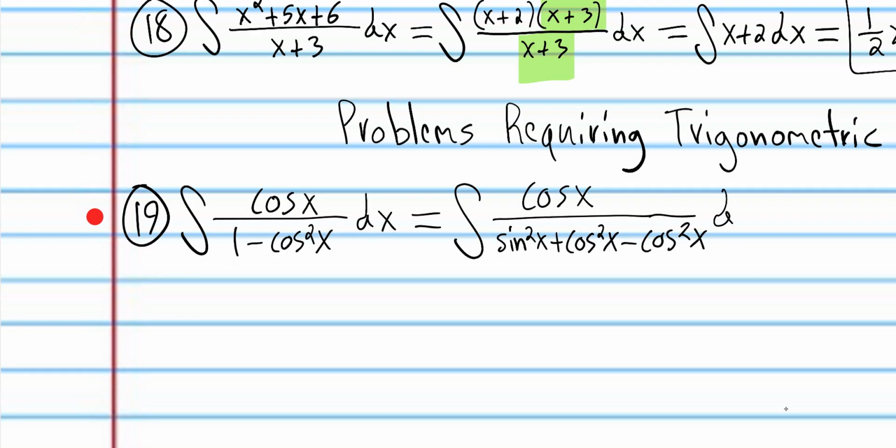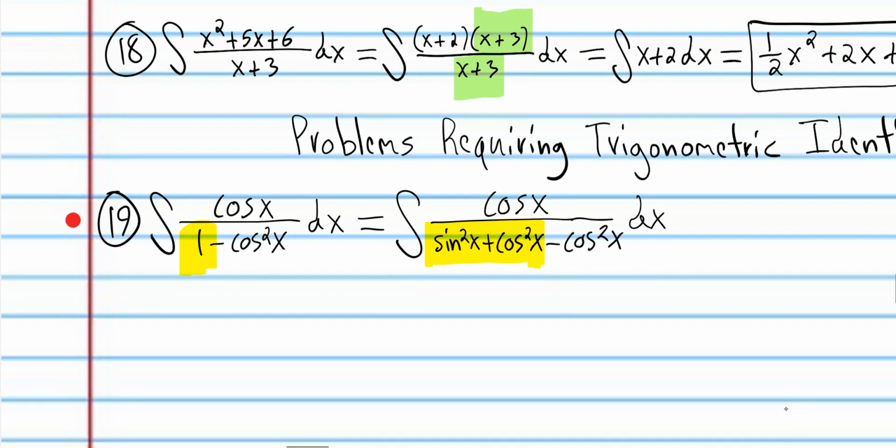So all I did was just replace the 1 with sine squared x plus cosine squared x. But of course you can see what's going to happen. These cosine squared x's are going to cancel out, and you're going to be left with cosine x over sine squared x.